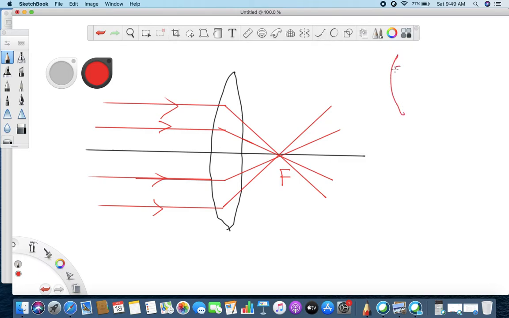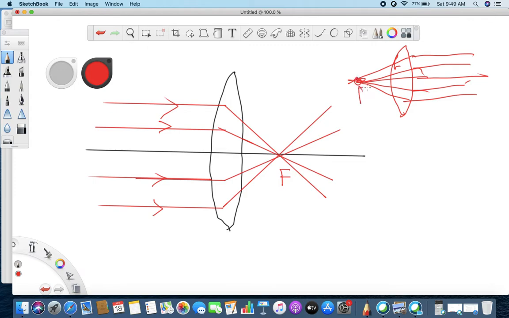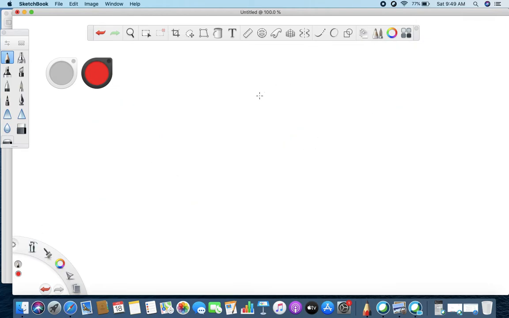If you have a convex lens and you send parallel rays from this side, after refraction they all meet at one point, and that's what we call principal focus. Which side should we assume, left or right? That's why for a convex lens they have two principal focus.